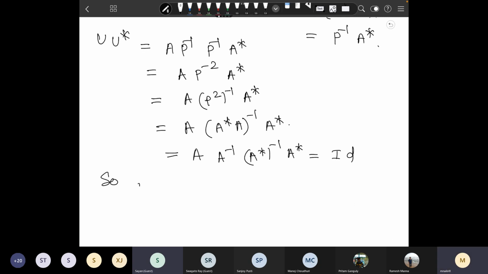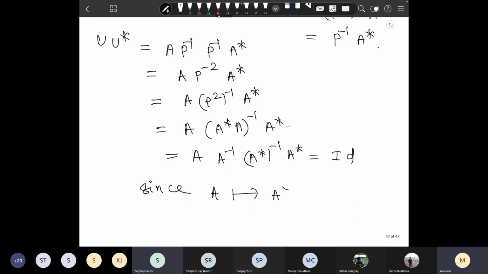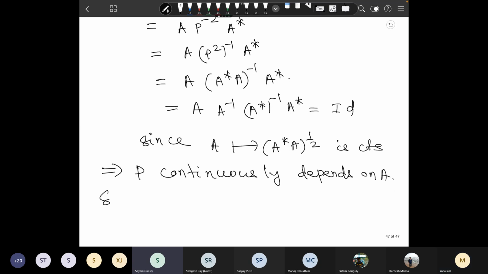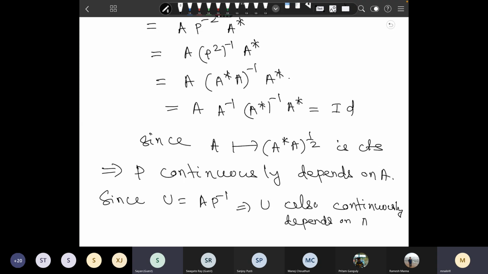So clearly, since A going to (A star A) to the power half is continuous, this implies this P continuously depends on A. So since U is equal to AP inverse, this implies U also continuously depends on A. So this finishes the proof of this fact.